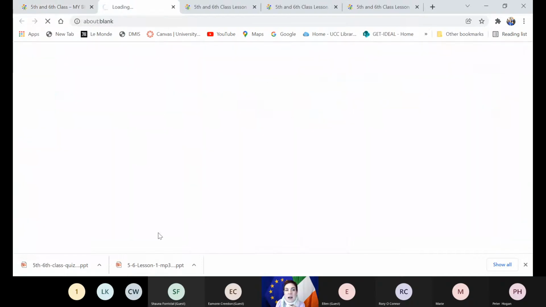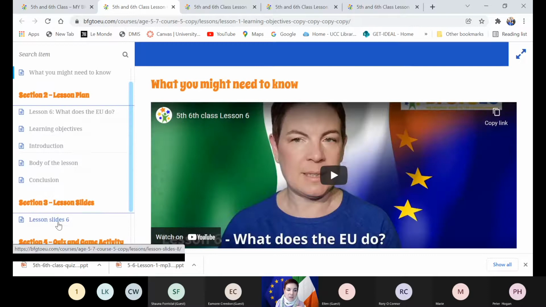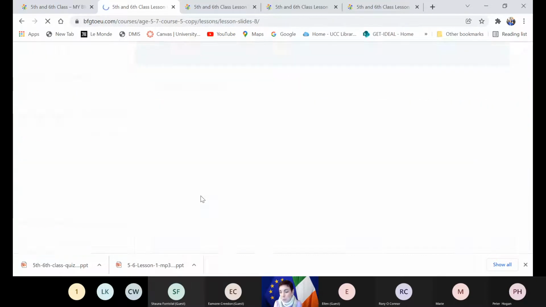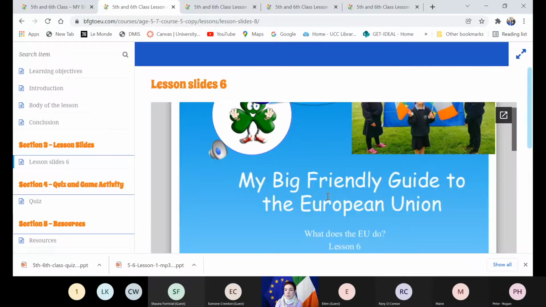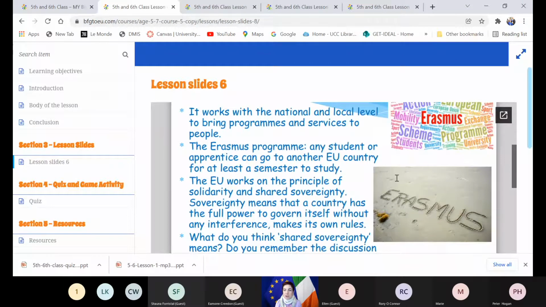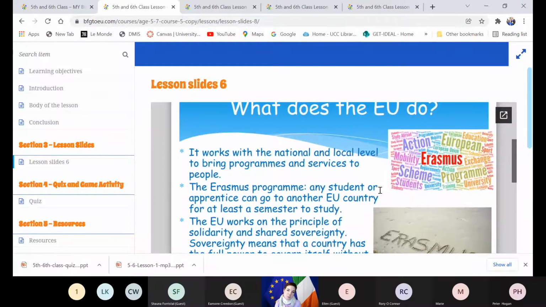And finally, this final class covers a lot of different policies. Again, it's more to give you a toolkit and let you decide what you want to use. So what we cover, obviously, is Erasmus, which I would like children to be aware of.